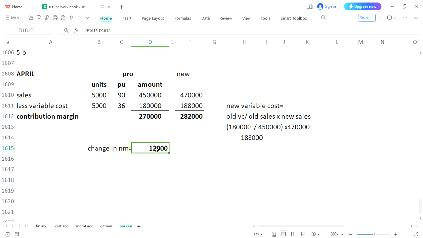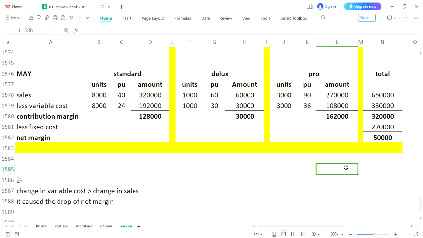The theme is very important. You can see we haven't calculated the total income statement. Just the difference of contribution margin we have considered would be the same difference created in total net margin. In the first part you have seen that to calculate total margin, you were doing standard, deluxe and pro, and then total margin arrived.